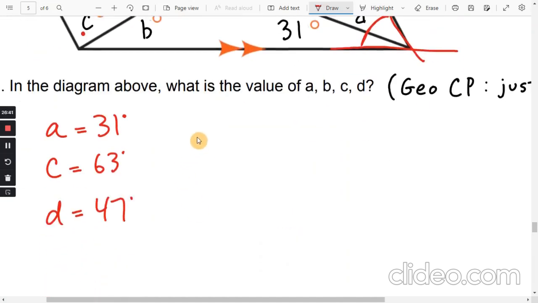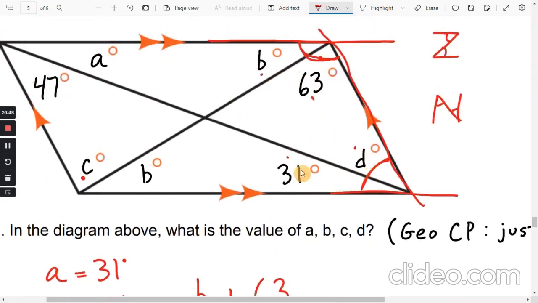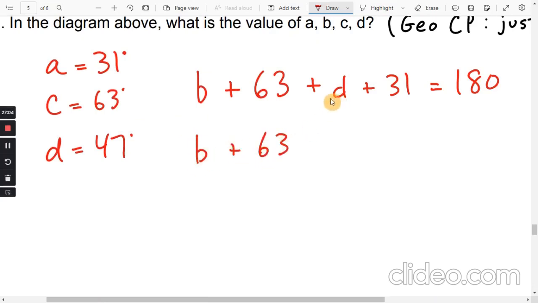All right, B plus 63 plus D plus 31 equals 180. Okay, B we don't know. D we said was 47. Okay, and that equals 180.